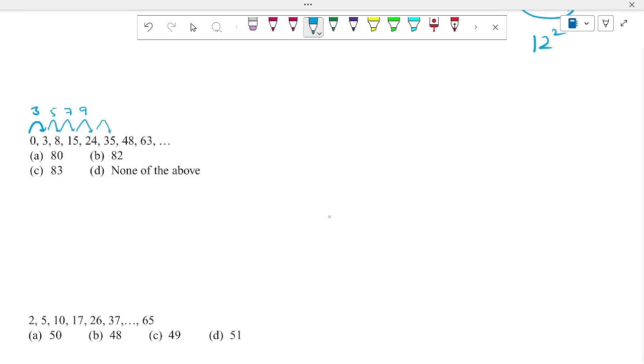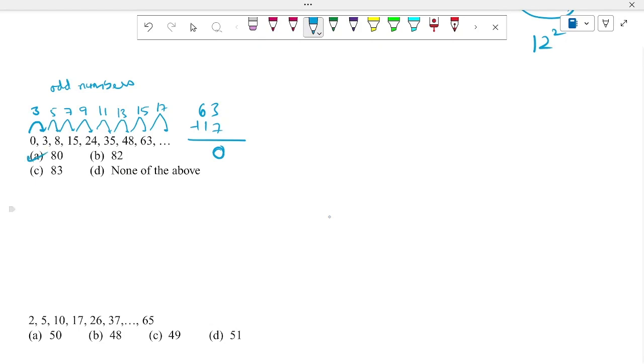So it is now very clear we are going on adding what? Odd numbers. Right. So I think it will be 11. It should be 13. It should be 15. And then this should be 17. So 63 plus 17. So we should get 0 here and only one option A.